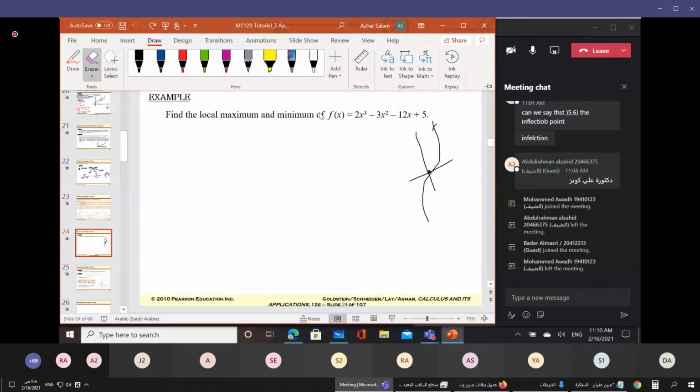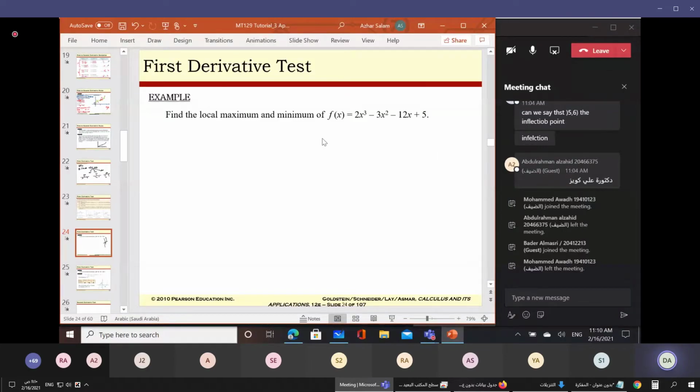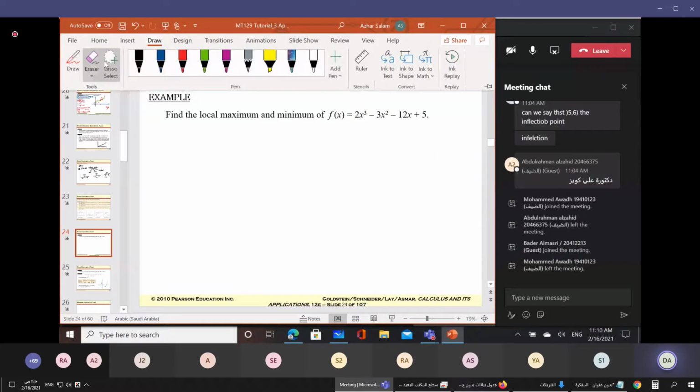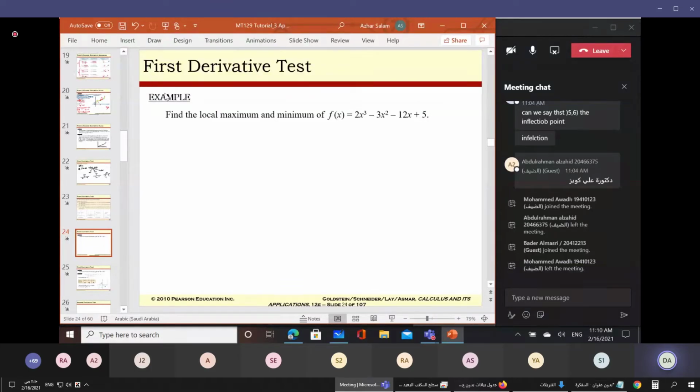Okay, now let's see this example. Find local maximum and minimum. When I say local, it doesn't make any difference. I will just find the first derivative and make the first derivative test, and it will be local maximum or minimum.